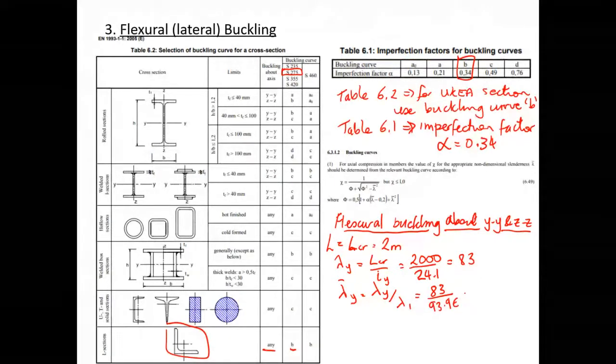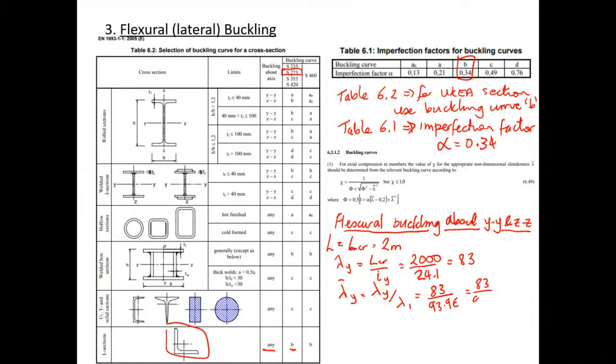Epsilon is 0.92, which we worked out earlier on. So the normalized slenderness value is 0.956.